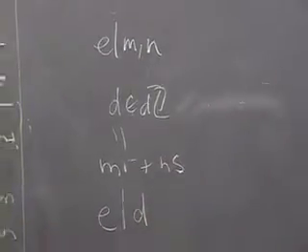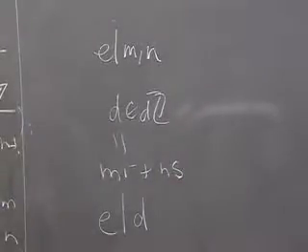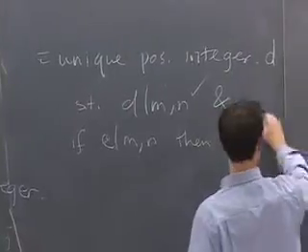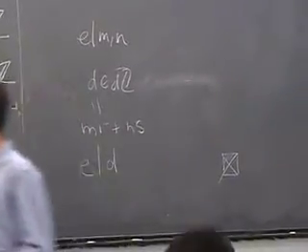Is that clear? So this is exactly the characterizing property. This d divides m and n, and if something divides m and n, then it divides d. So we verified the properties and we've proved the lemma. So there you go.